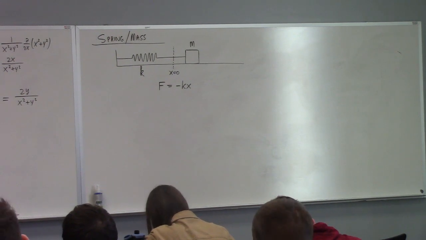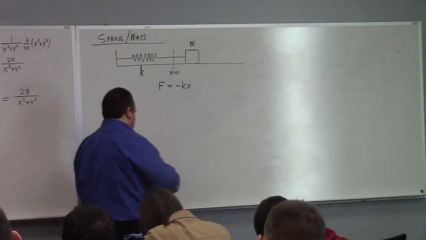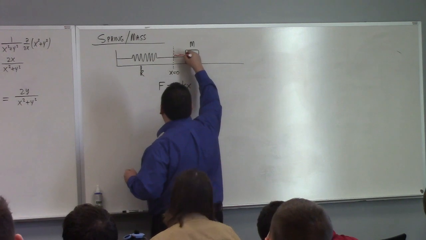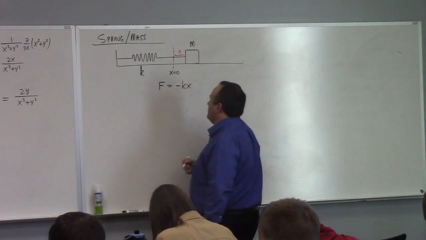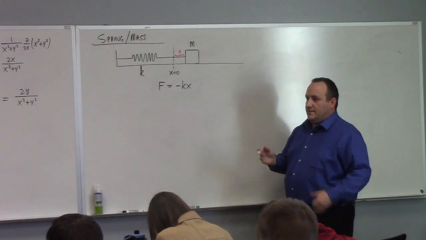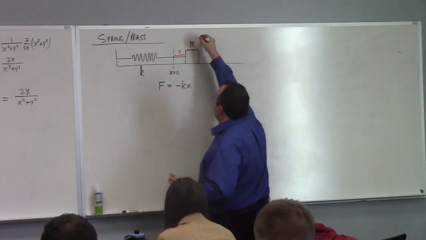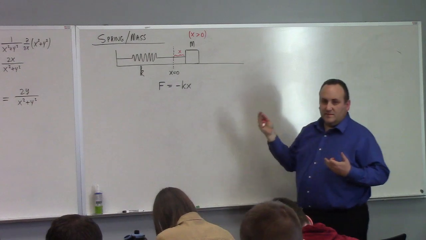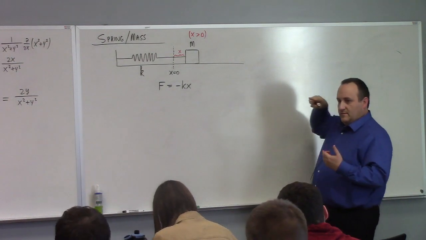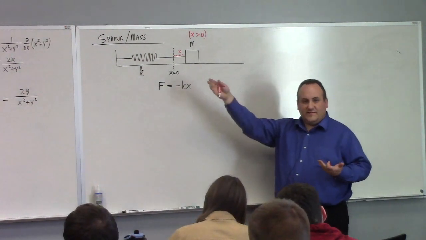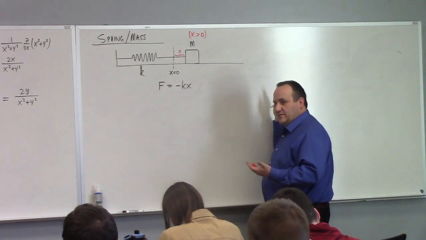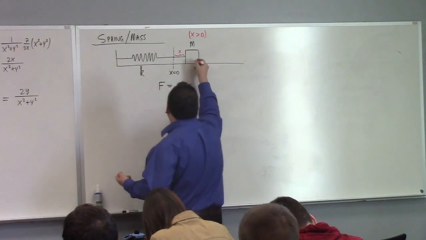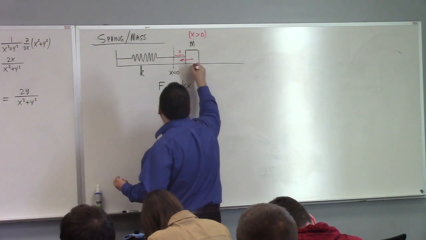If the spring is stretched out just a bit, this right here is x, a picture of x positive, in which case the force goes to the left. That makes sense: if the spring is stretched out, it tries to restore it back to the equilibrium position. So the force would be like this in this situation.